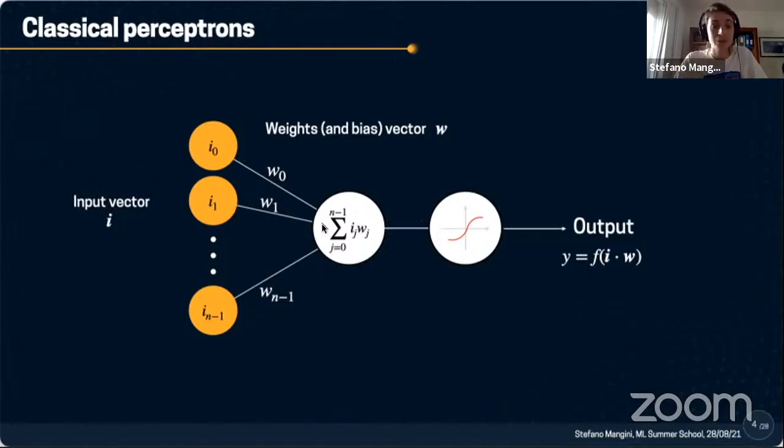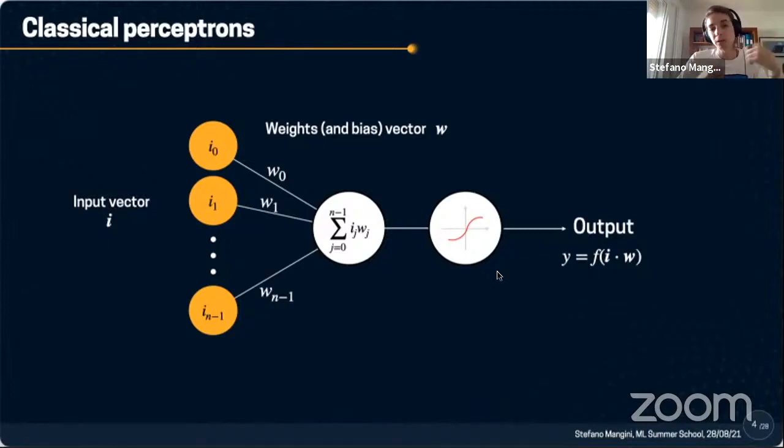So it performs this inner product between the input vector and the weight vector, and on top of it, it evaluates an activation function, which has to be nonlinear. If it is linear, there's not much power inside this mathematical model. So you have this output, which is made of two steps, performing the inner product and evaluating the activation function.